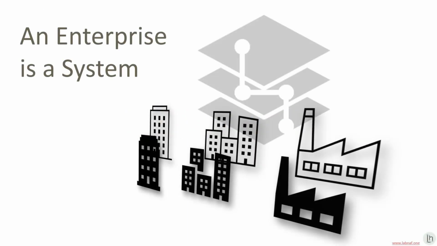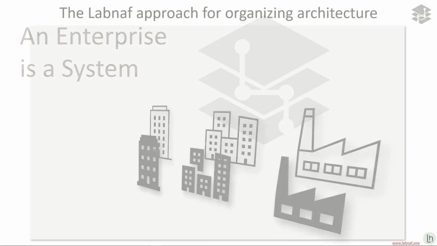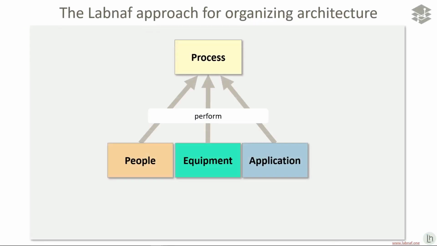To visualize an enterprise, Labnaf organizes architecture following generic systems semantics. And here is an overview of how this all works. Processes are performed by people, by applications, and by equipment.